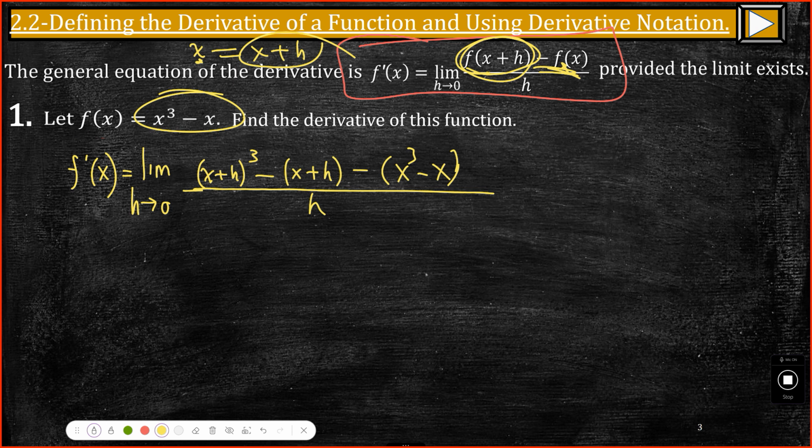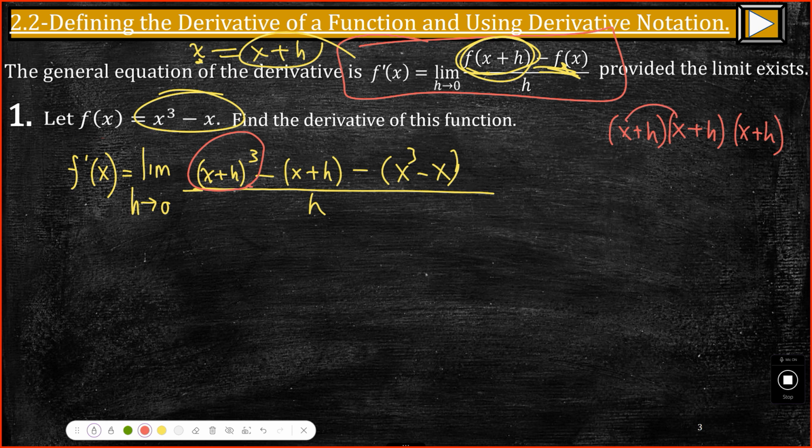This right here, we need to expand this x plus h to the third. Let's do that. I'm going to do that on the side over here, because that's just algebra. x plus h to the third means x plus h times another x plus h times another x plus h. We need to multiply that out, expand it.